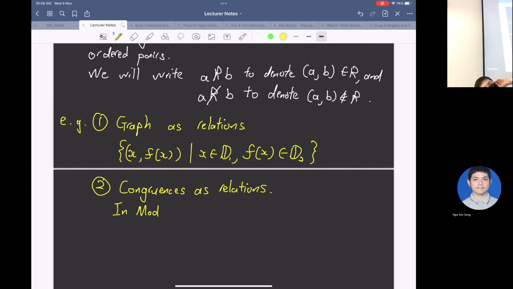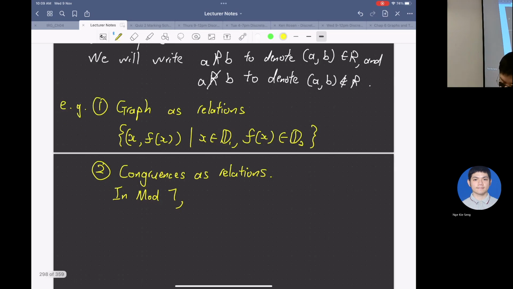Congruence, maybe congruence 7. Yeah, we keep congruence 7 as the running example. So, congruence 7, congruences as a relation.